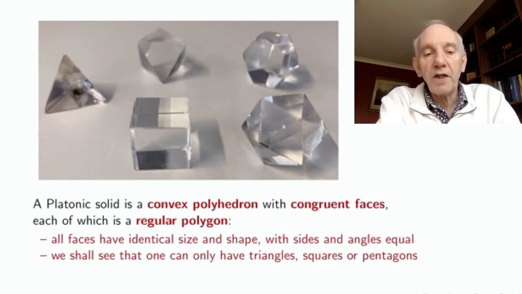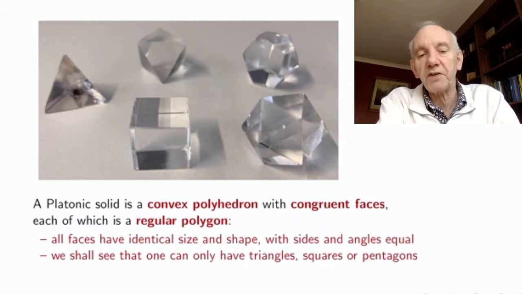There's the octahedron at the back, that's sort of a diamond lying on its side. There's the cube, of course, at the front. And then on the right-hand side, there's the icosahedron with 20 triangular faces, bottom right. And there's the dodecahedron, which has 12 pentagonal faces, top right.